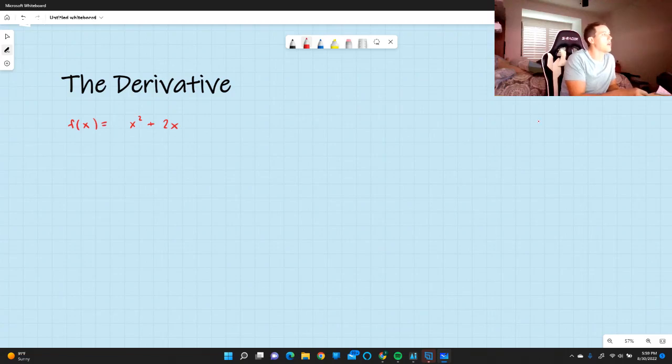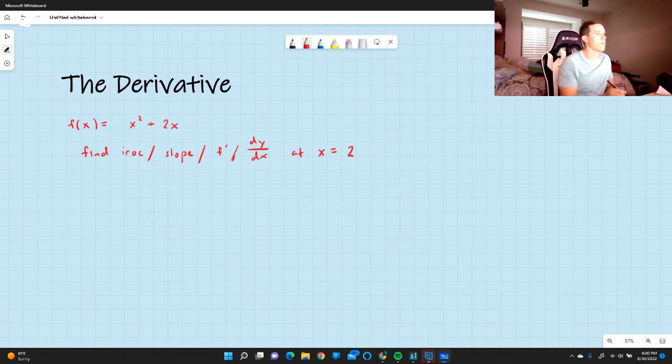And I want to find the slope, or the instantaneous rate of change, or derivative. All these are the same thing. Or dy dx at x equals, let's find it at x equals 2. So if we use the power rule, we already know the answer.